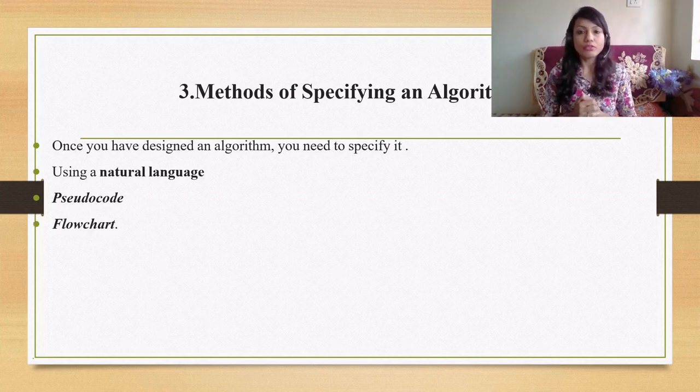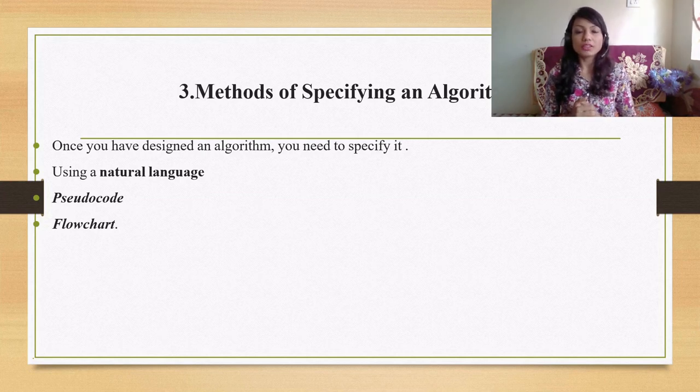And the third one is flowchart. Any idea what a flowchart is? A flowchart is nothing but a diagrammatical representation of an algorithm. Instead of writing instructions or pseudocode, you can specify a flow diagram for the algorithm. But one thing you have to note is that a flowchart can be written only for algorithms which are simple.